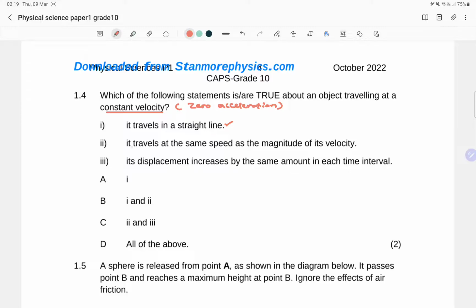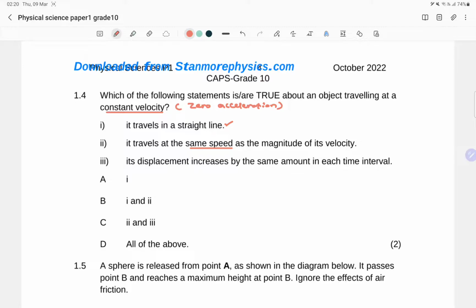That's true. It travels at the same speed as the magnitude of its velocity. Well, the question says same speed. I don't know what they are trying to get to, but if it is traveling on a straight line, we know that the speed and velocity are more or less the same thing. The only difference is that for velocity we need to consider the direction, but for speed we don't really care.